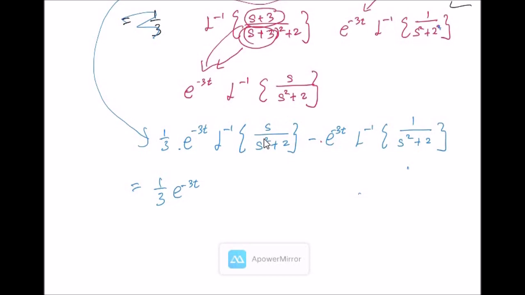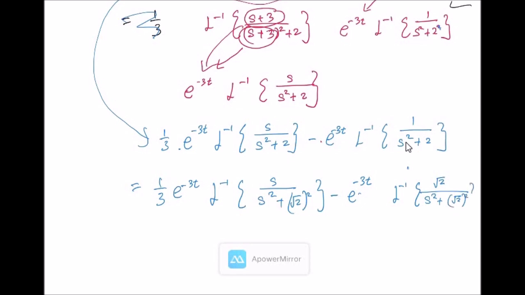So we can write down like this: s over s squared plus square root of 2 squared, minus exponent negative 3t and then inverse. This one we can get in terms of sine. So you need a square root of 2 divided by s squared plus square root of 2 squared.